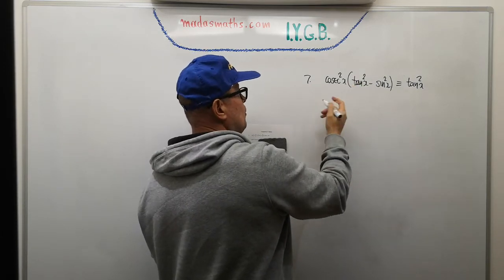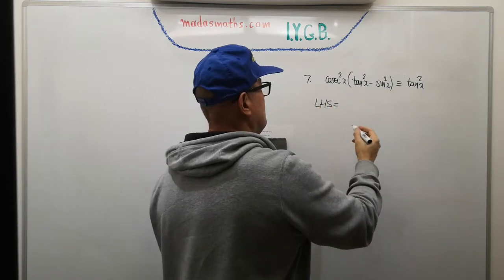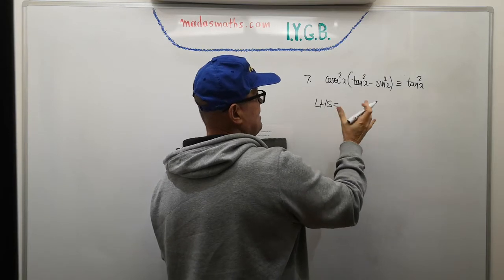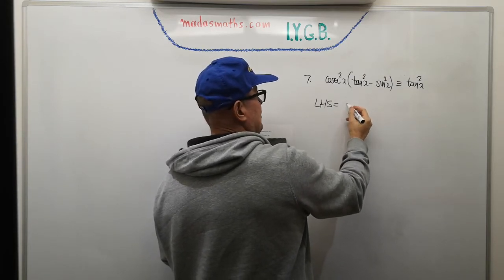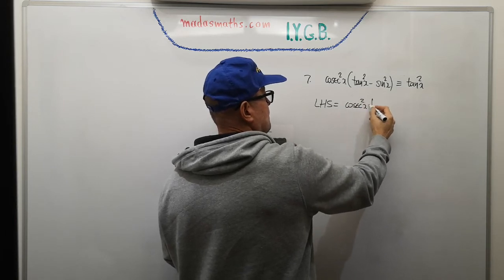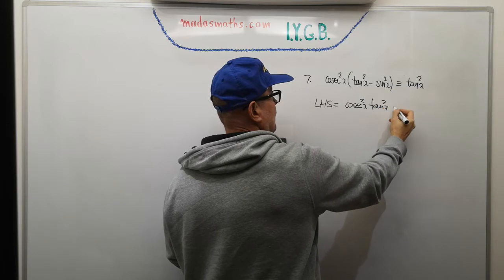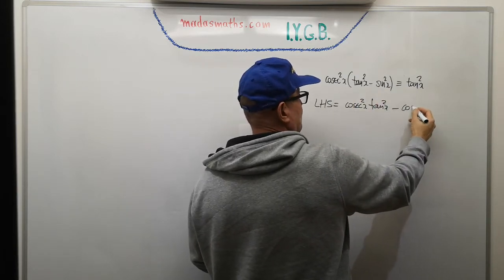So probably what I will do in there is I will multiply the bracket, fairly sensible, and then probably, unless I see something obvious, I will switch into sines and cosines. So left hand side, multiply bracket, here we go, and now of course I see something special straight away.